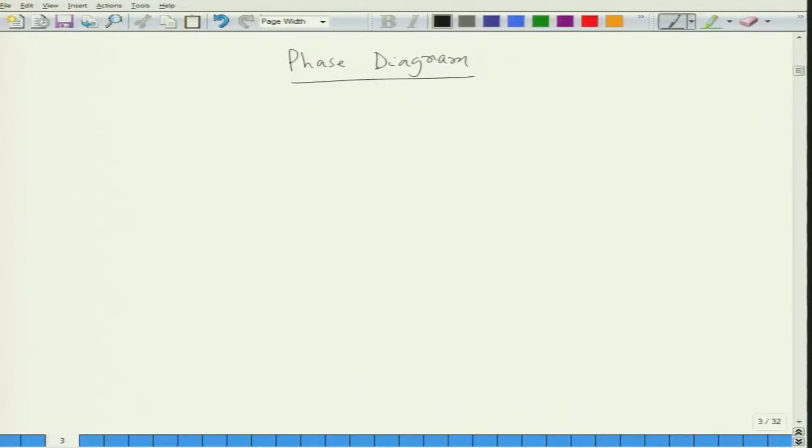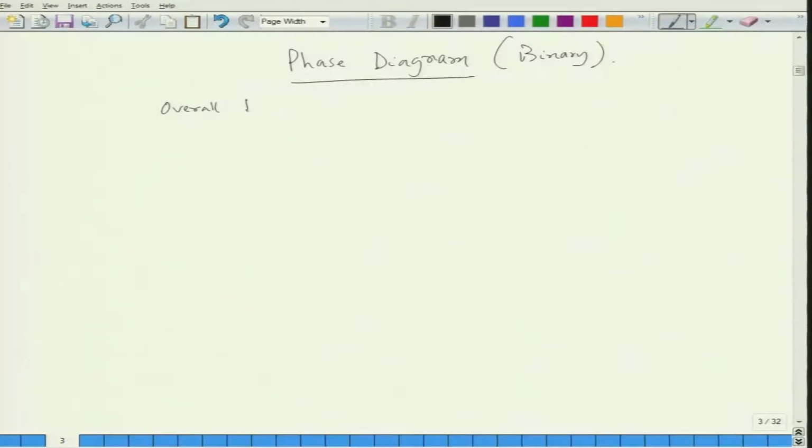While we talk about phase diagram in case of binary, we have to see why it is important. We have been saying that it is important, but why is it important? In the last class you might have seen overall kinetics, we again talked about this general expression.